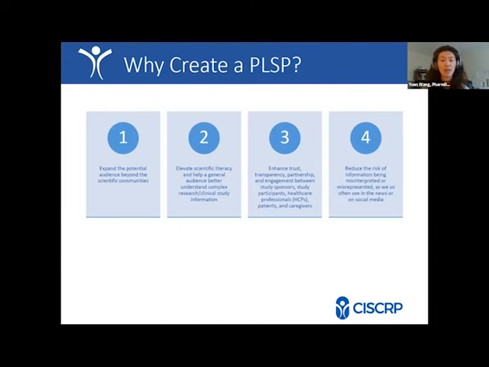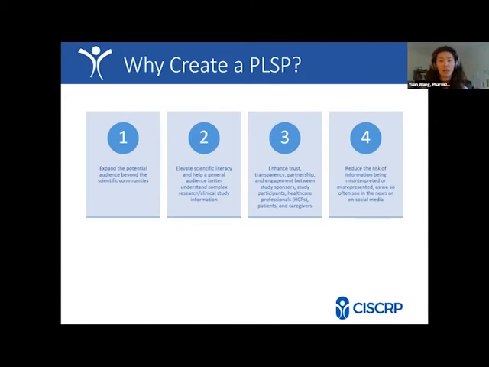And lastly, a lot of the scientific communication and data are very complex to understand, and oftentimes, as you will see on social media or the news or websites, a lot of this information may not be translated in the most accurate way.